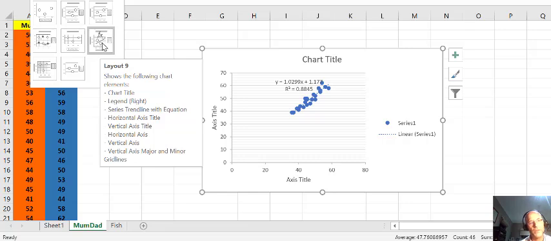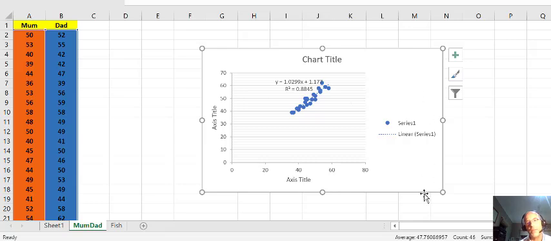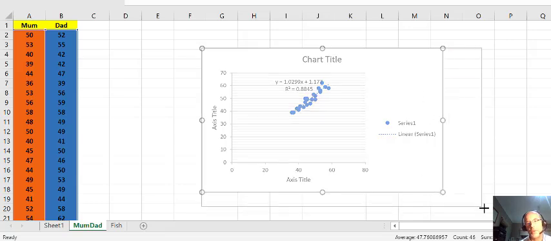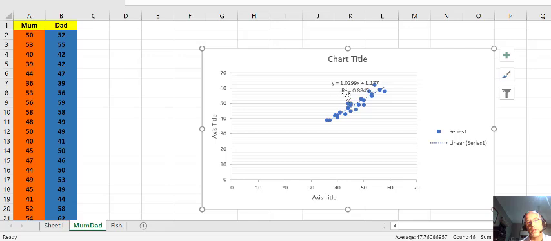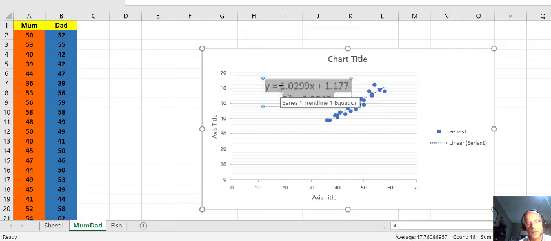You can pause it, and they're the things it's got. I've shown the finer points of this in some of my other videos, but the important things for this video are your linear equation, but most important of all is the R-squared value.